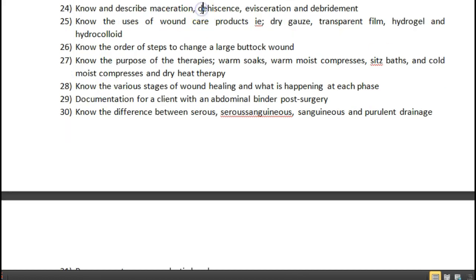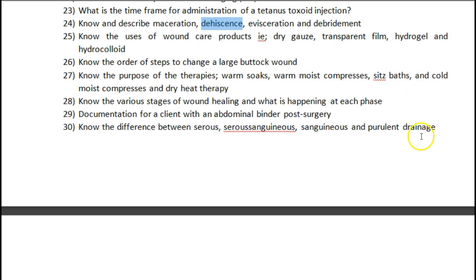Dehiscence is when a wound comes apart. Let's say you went and had surgery and somebody sewed you up, or stapled the area shut, and then the edges started to break apart. That's what they call dehiscence. Then next is evisceration.